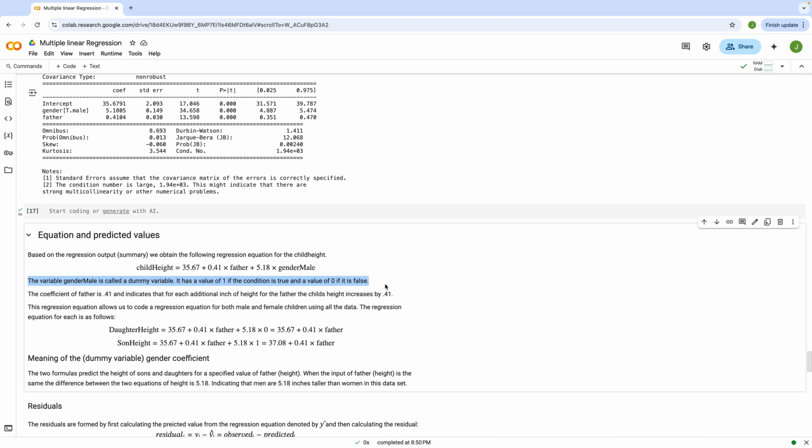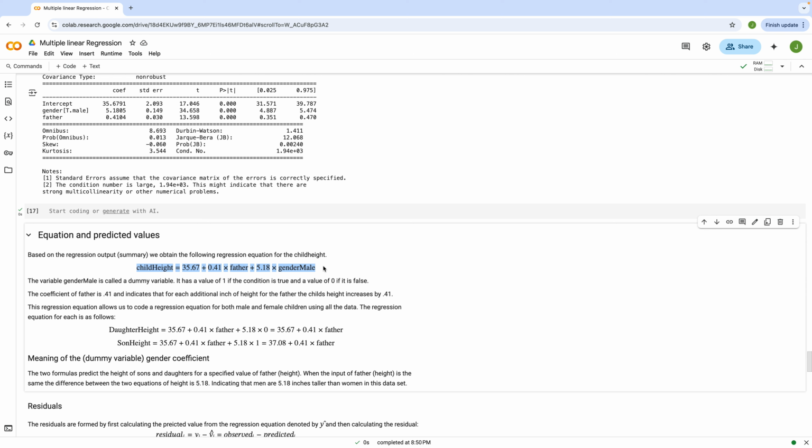It's 1 if the condition is true, the individual's male. It's 0 if they're female or false. The coefficient of 0.41 indicates for each additional height, the child's height increases by 0.41 regardless of if they're male or female.